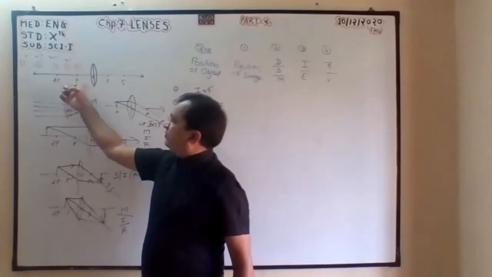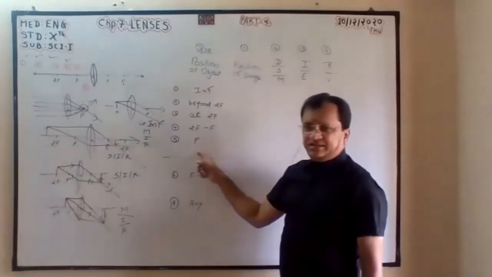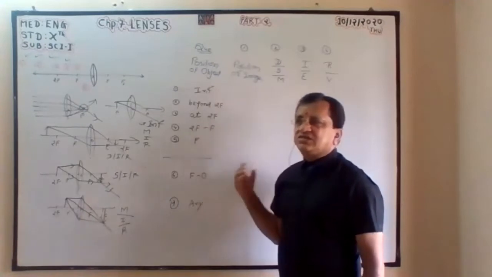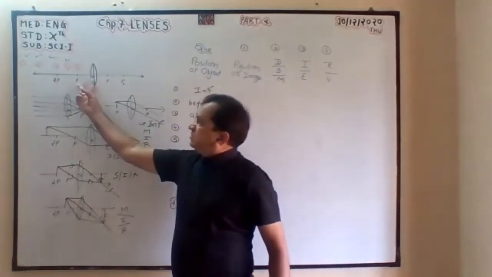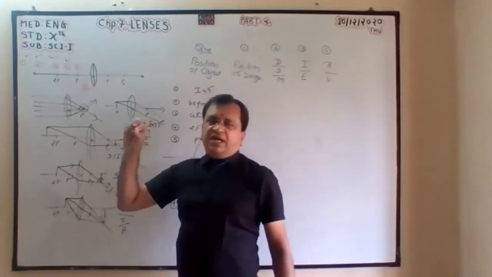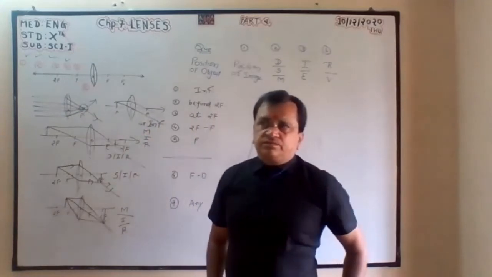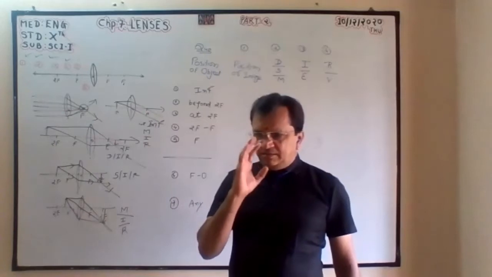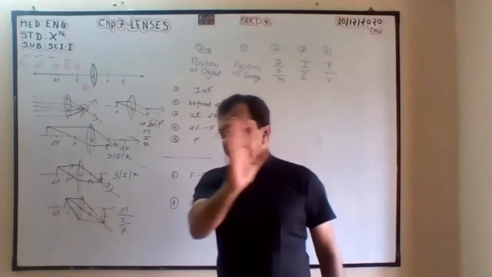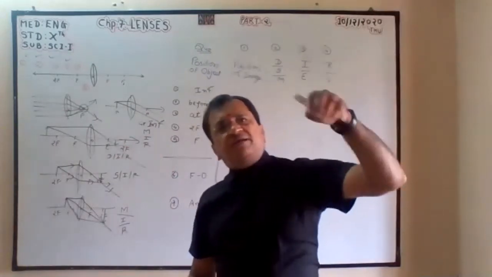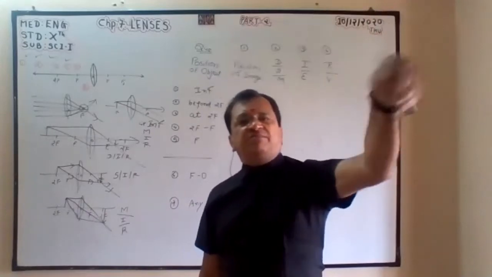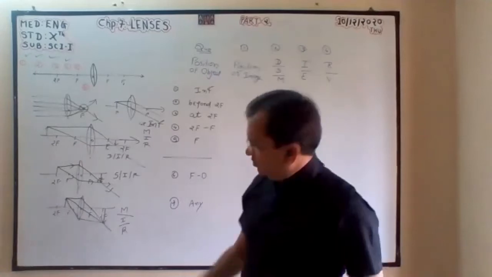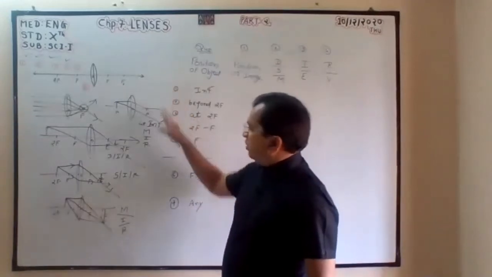Then fifth position, exactly at F. Sixth position, within the focal length, in between F and O. For the first 5, you have to be sure that the sequence is in decreasing order: infinite, beyond 2F, at 2F, in between F and 2F, at F, in between F and O. That is the sixth position.